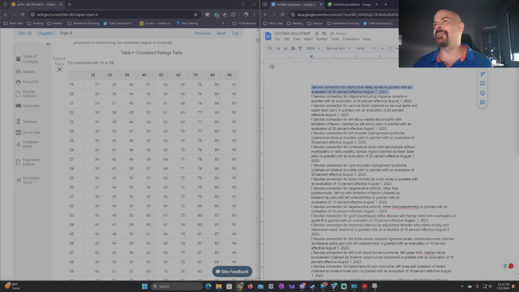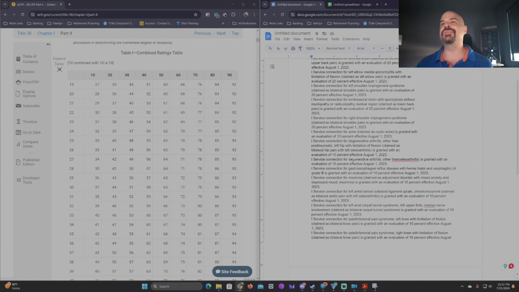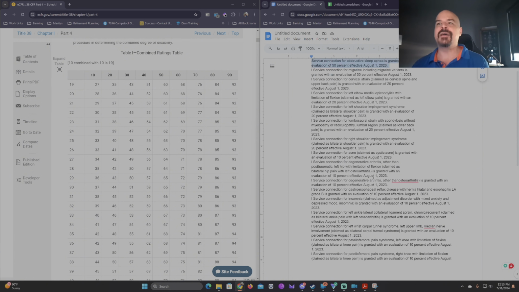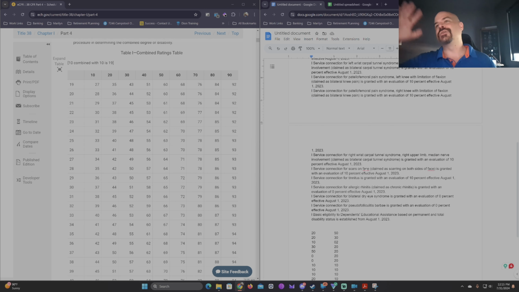They also got migraines, and they got 30% for that. Congratulations again, and so on. So you get a whole list of what percentages you are and for what reason. And further down the letter, if you have the whole letter, it tells you why they came up with the decision that they came up with for you. So those are the decisions.